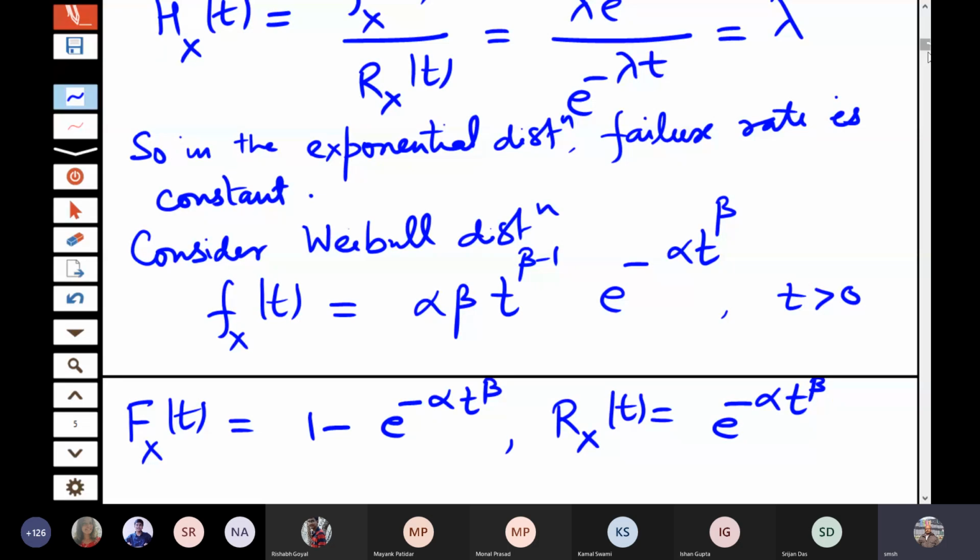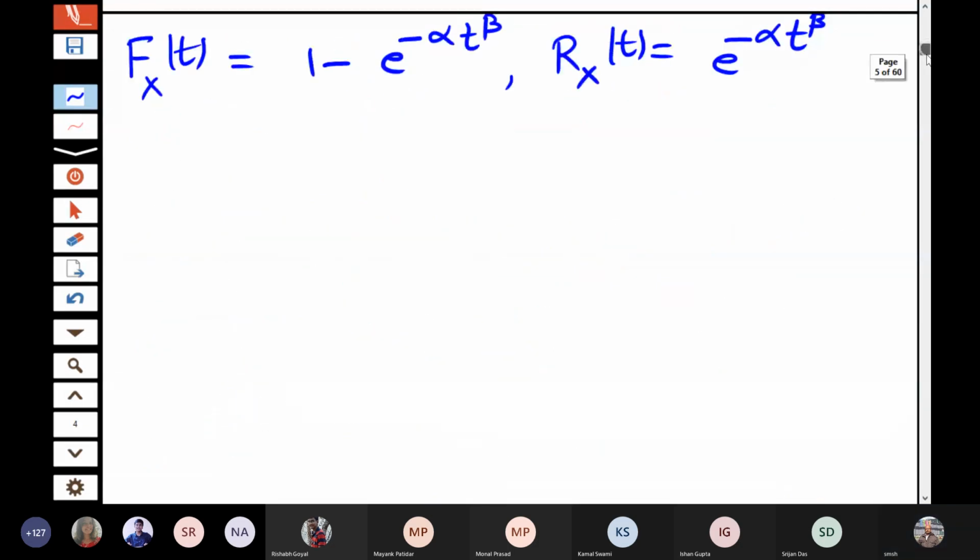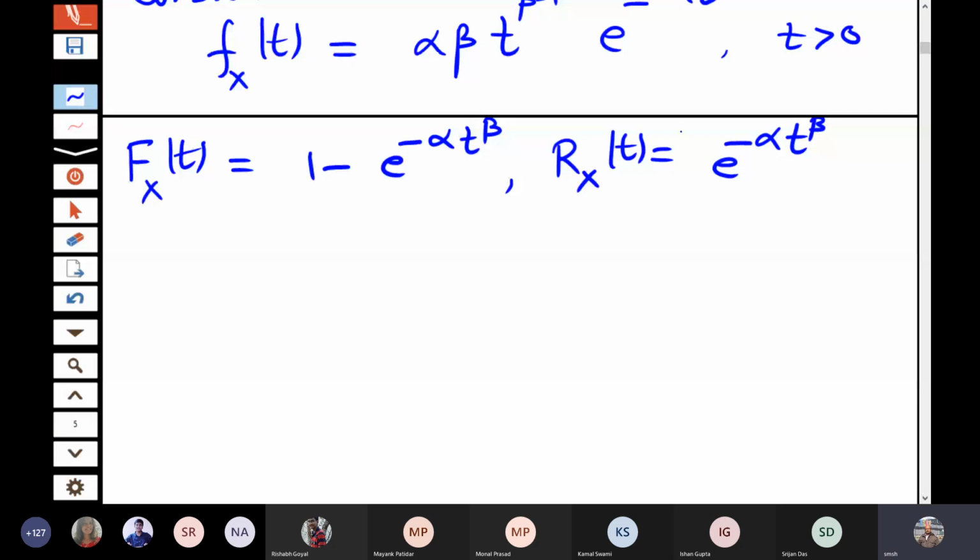Now it is important to analyze this. So here the reliability, of course, as time increases, the reliability becomes less. But if beta is equal to 1, it is exponential distribution. If beta is greater than 1, then it goes faster to 0 compared to exponential distribution.